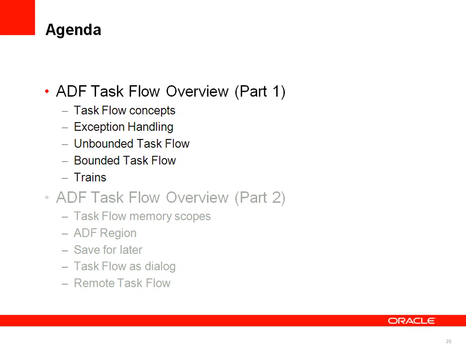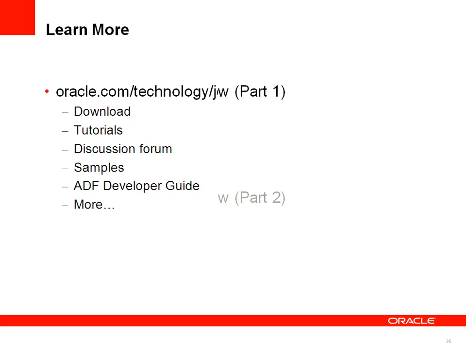So instead of calling a task flow and it opens up in the same browser window, we want to launch that as a dialog, and then eventually we finish with a more in-depth look at how you use a bounded task flow as a remote service. Not that it's exposed as a web service, but it's exposed as a service that you can leverage from within your ADF application. You just can call out, as I explained several times already.